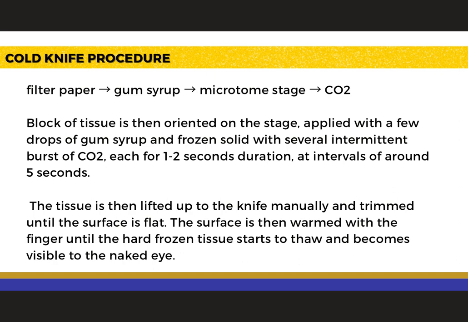Afterwards, the selected block of tissue, approximately 3 to 5 millimeters thick, is oriented on the stage, applied with a few drops of gum syrup and frozen solid with several intermittent bursts of carbon dioxide, each for 1 to 2 seconds duration at intervals of around 5 seconds. It should be frozen just to the point where it will be firm enough to section.